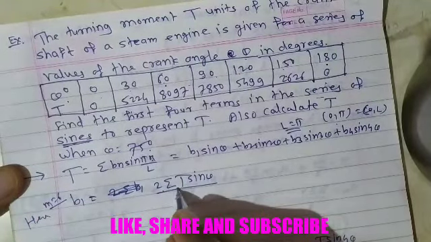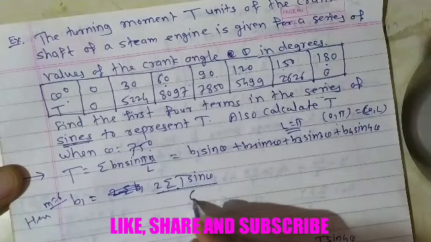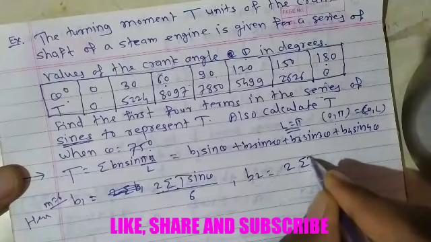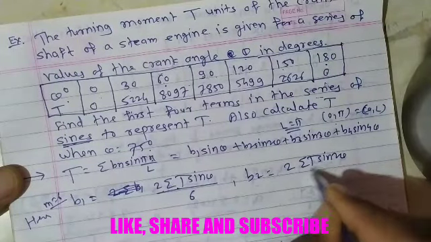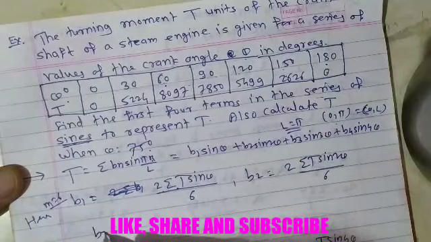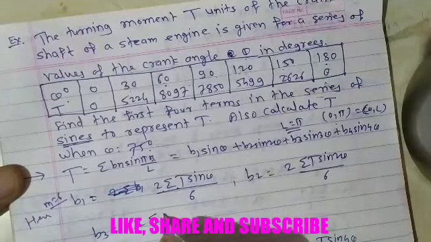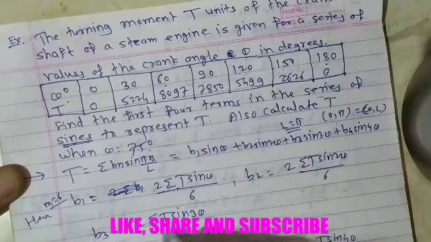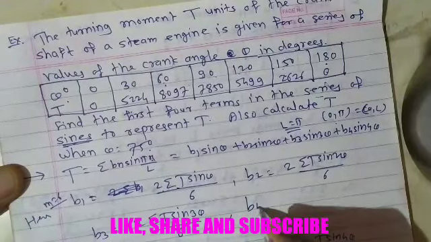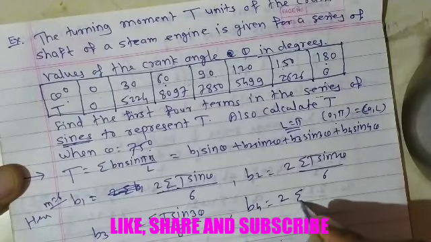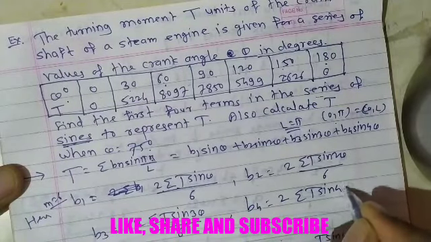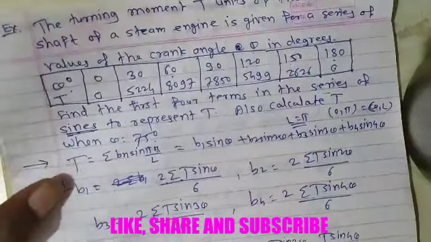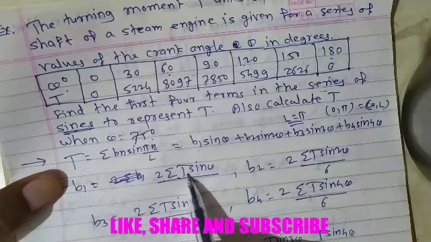So b1 is equal to 2 times summation of t sin theta upon 6. Then b2 is equal to 2 times summation of t sin 2 theta upon 6. b3 is equal to 2 times summation of t sin 3 theta upon 6, and b4 is equal to 2 times summation of t into sin 4 theta upon 6. So for b1, b2, b3, b4 we want the summation of t sin theta.